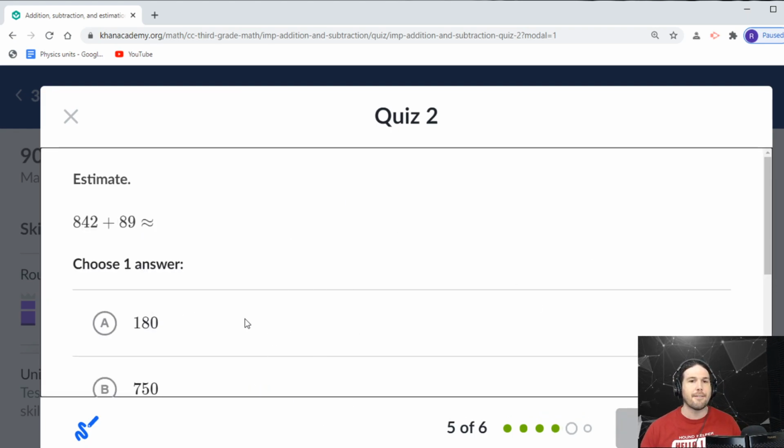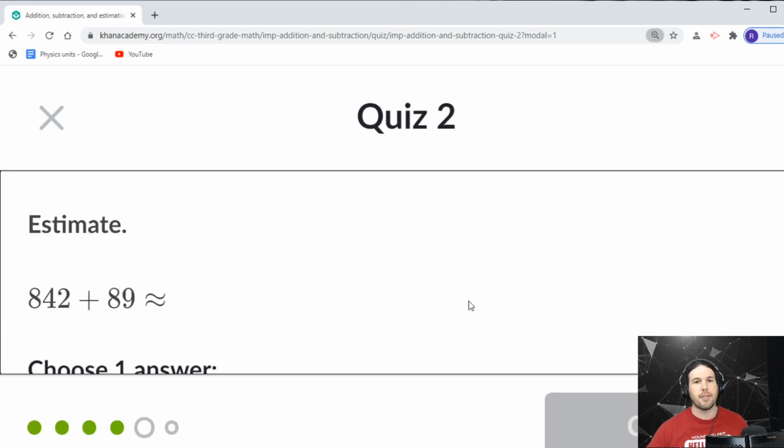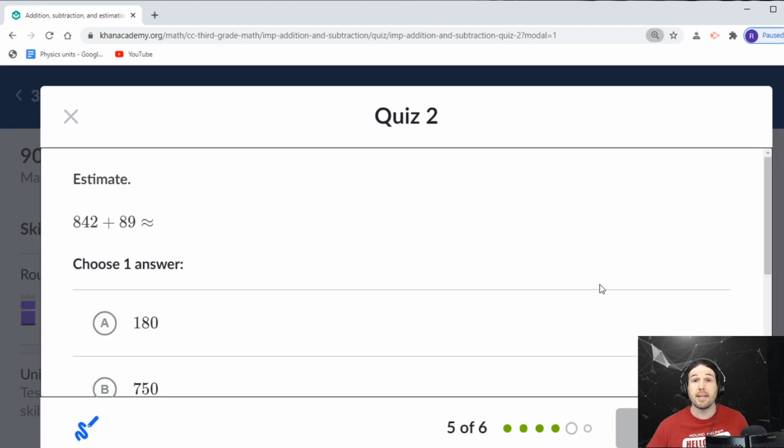842 plus 89 is approximately equal to, remember, I think we saw this last stream. We've got this sort of squiggly equals sign, which means is approximately equal to. It means we are no longer using precise numbers. We're going to round and estimate. And this is a very, very important skill to have because it's not always appropriate to give a perfectly exact number.